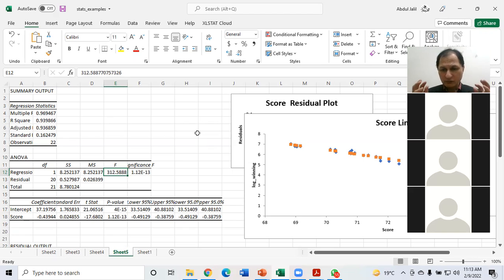Whenever you connect two variables in a simple linear regression model, how much the independent variable is going to affect the dependent variable, this R squared helps you identify how effectively that happens. If this value is very large, just like in this case, it's 0.93, then 93% of variation in the dependent variable has been explained by the independent variable.